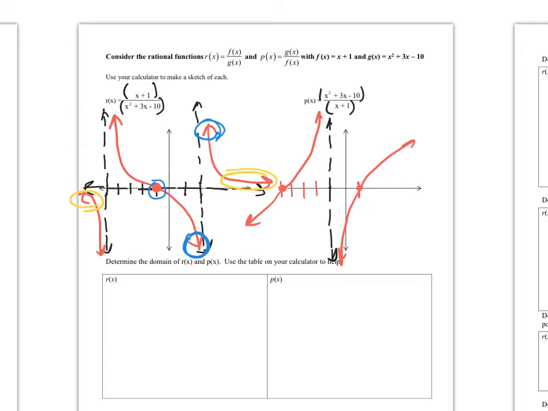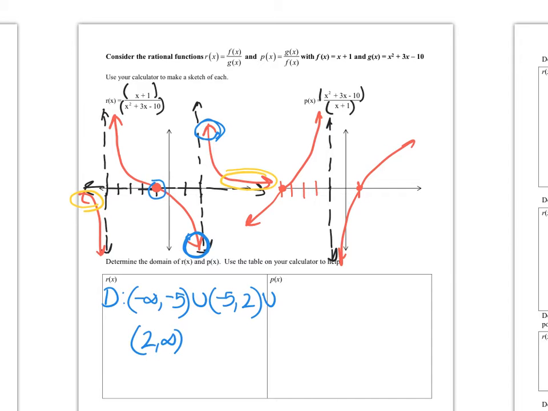So if we look at r of x and talk about the domain, you have 2 breaks in your domain, and those are your vertical asymptotes, because like I said, it can't cross. So you have values from negative infinity until you reach negative 5, and then values from negative 5 to positive 2, and then values from 2 to infinity.